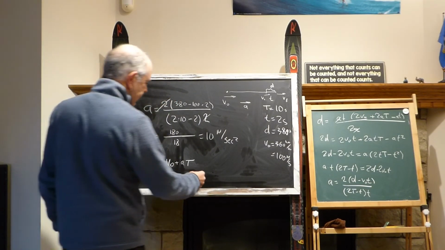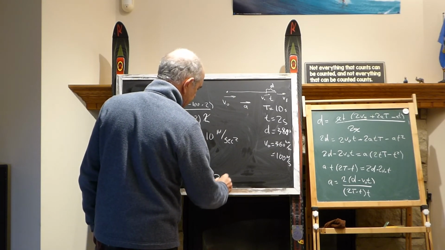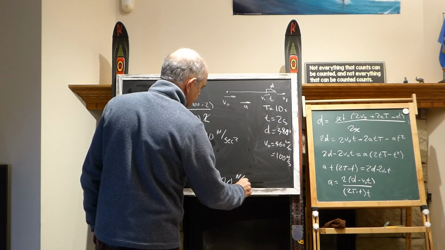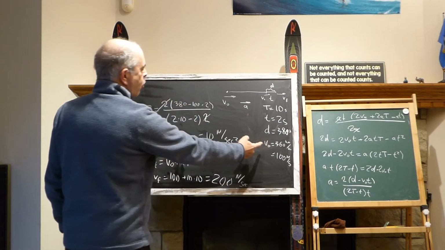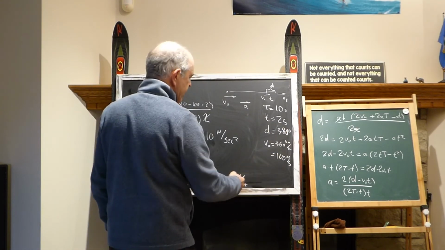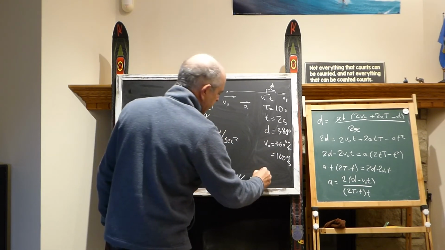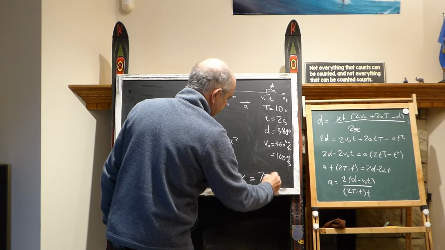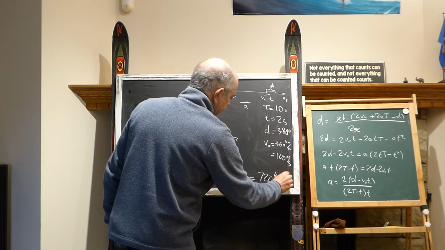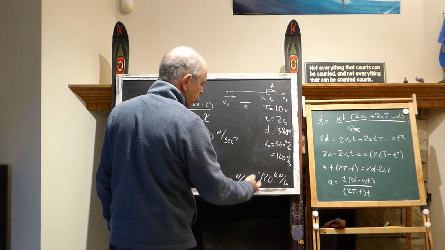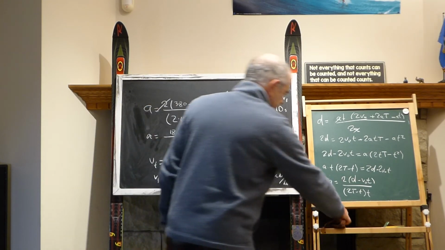So we have 100 plus 100, 200. 200 meters per second, and if they want to convert it to kilometers an hour, it's double. We can do this exercise again, but it's just obvious that it's 720 kilometers an hour, because 360 is 100 and we have 200, so double it up.